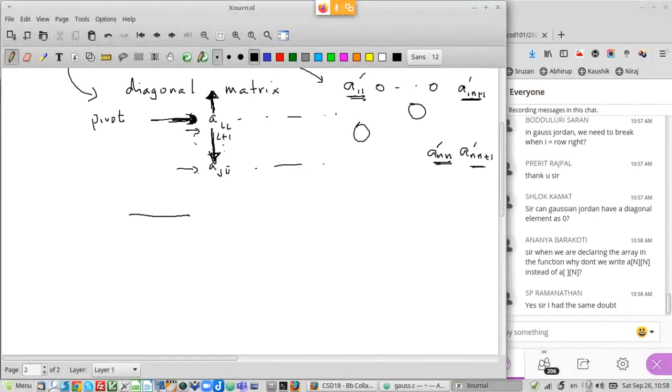Row major form means you write the first row, then the elements of the second row, then the elements of the third row, and so on. C requires you to say how big the whole main array will be, and that's why when you declare it in main, you declare it like this. If it's an int array, you will say int a[n][n].